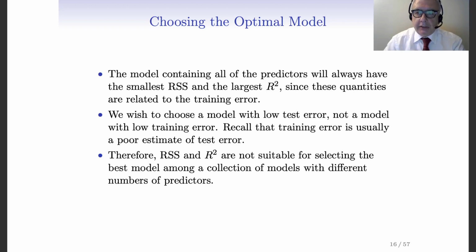We now discuss the final selection step of the stepwise selection methods. This final selection step is shared by best subset selection and also by the forward and backward stepwise methods.